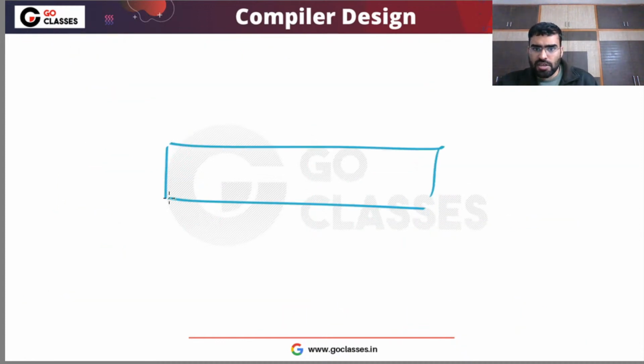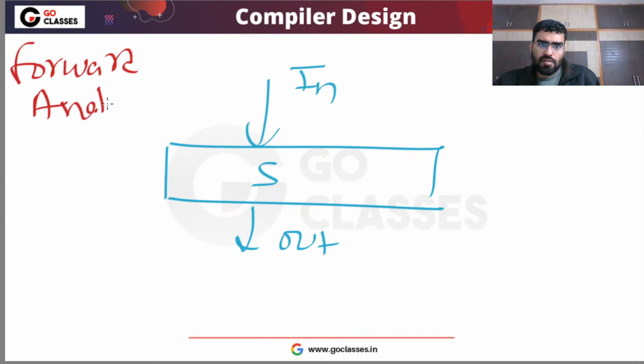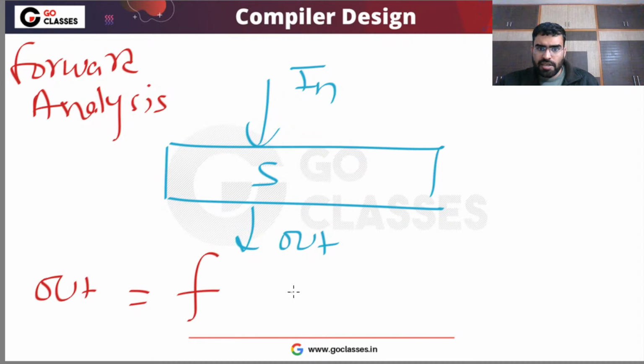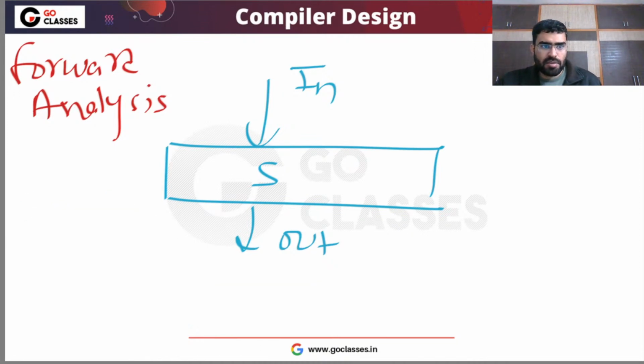If this is your in and this is your out, and this is your S, then in this situation you can notice this is your forward analysis, and this is called the transformation function, meaning you are finding this out in terms of in comma S. We call this function the transfer function.